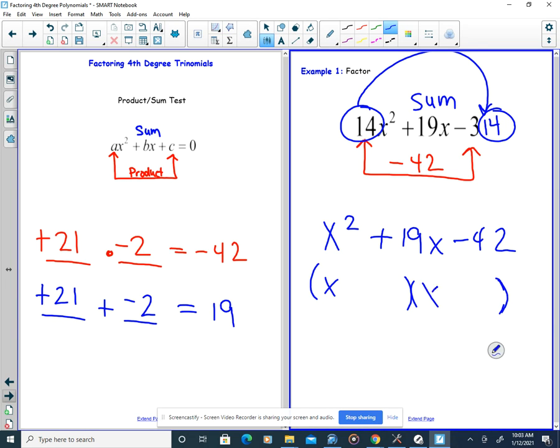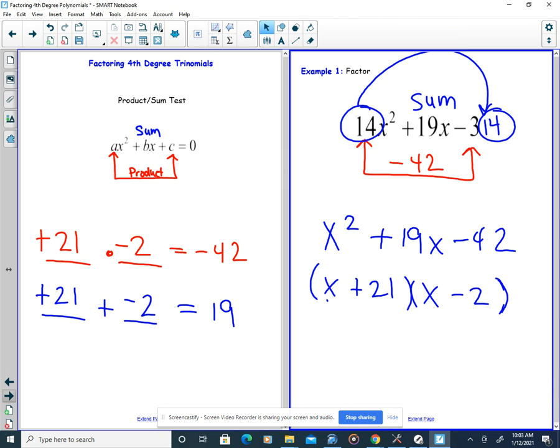So we put x and x down, because x times x is x squared. And then the two numbers that multiply to be -42 and add to be 19 are +21 and -2.